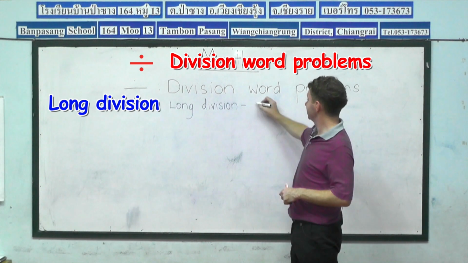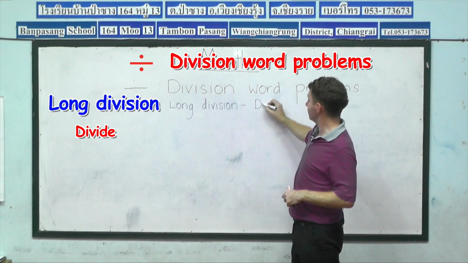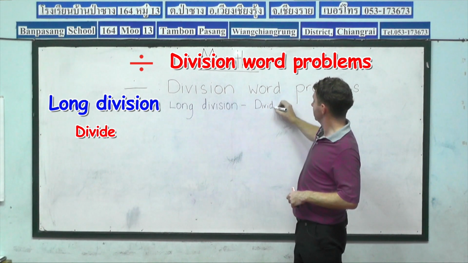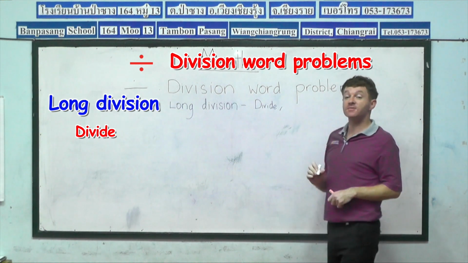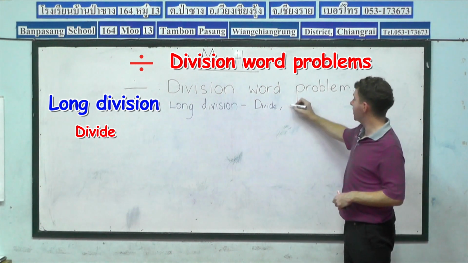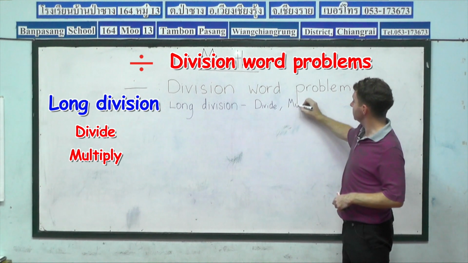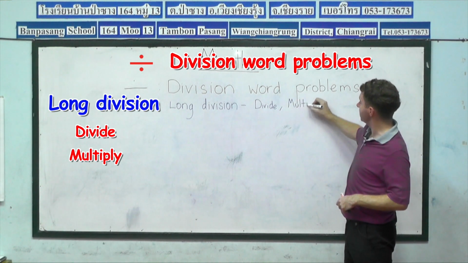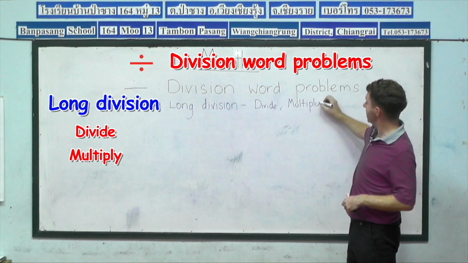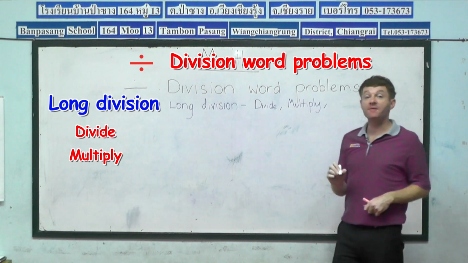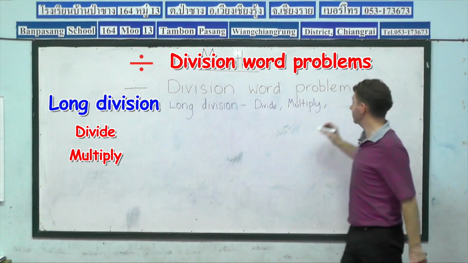Divide. So we have D for divide. And then, after divide, we multiply. M-U-L-T-I-P-L-Y. After we multiply, we subtract.